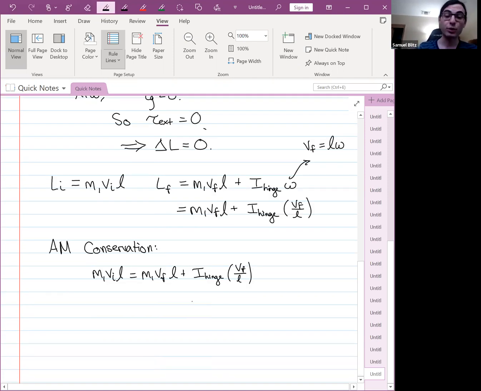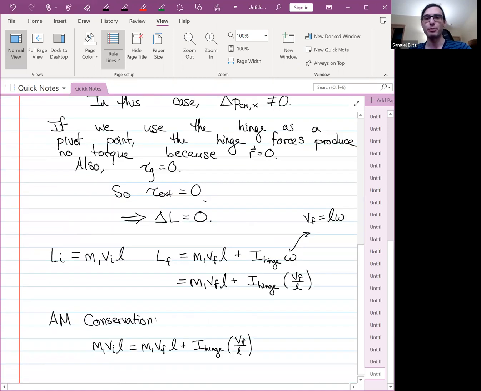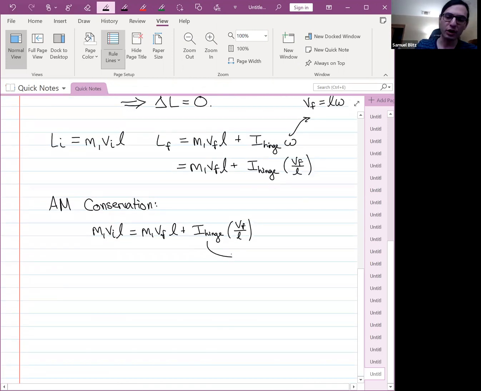So I don't, in principle, know what the moment of inertia of the rod is, especially if it's not uniform. If it was a uniform rod, then it would be 1/3 m2 L squared, because that's the moment of inertia of a uniform rod about one end. But if it's not uniform, then the moment of inertia could just be something else. We know that it will depend both on the mass of the rod and on the length of the rod, but we don't know if it'll be a third or 1/19 or 2.5 or whatever.